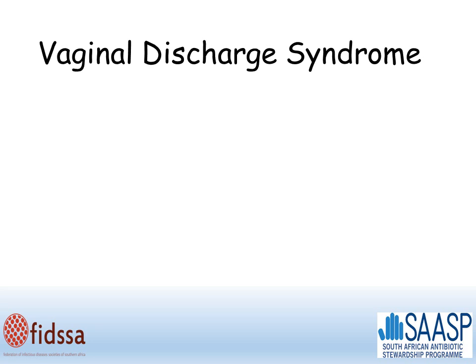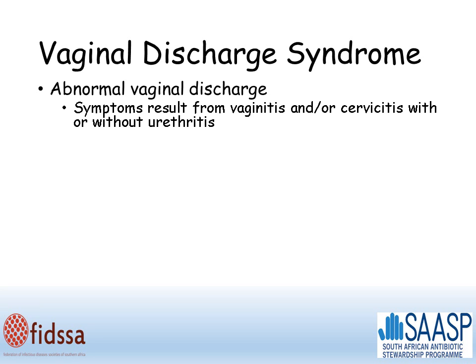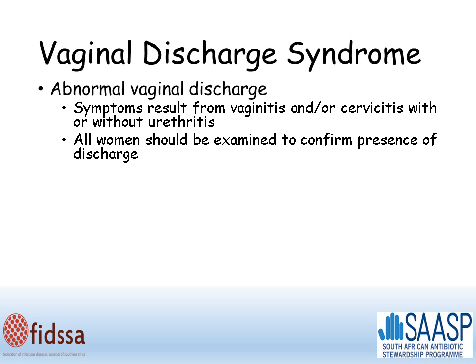To begin with vaginal discharge syndrome, this is abnormal vaginal discharge, and the symptoms result from vaginitis and or cervicitis with or without urethritis. It's important that all women should be examined to confirm the presence of a discharge before therapy is given.